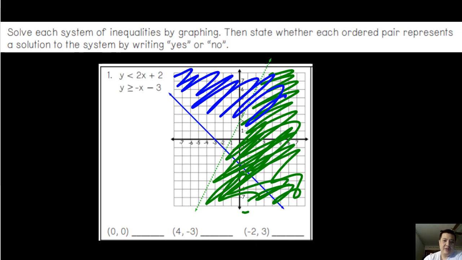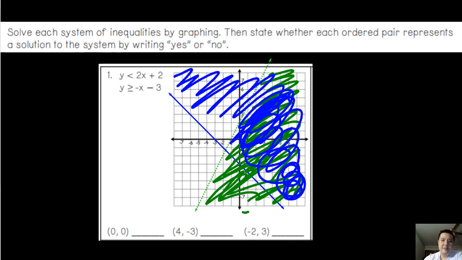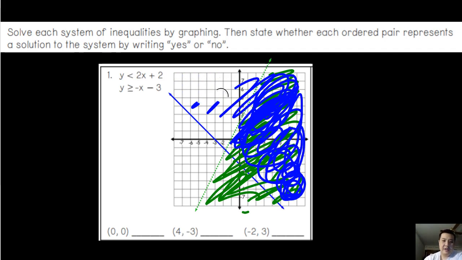And the solution set to all of this is the area that is shaded by both of them. Okay, shaded by both of them. So that would be, if I get rid of all the other stuff, where it's doubly shaded. You can leave that stuff there as long as you know that this is the area that shows where the solution set is.